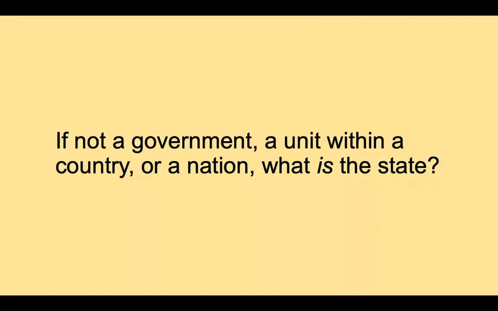So we arrive at this question: if not a government, if not a unit within a country, if not a nation with its own territory and government, what is the state? What is this thing that we understand as an abstraction formed by sets of state institutions pursuing specific goals, but not necessarily linked to the nation and not necessarily a unit within a country?